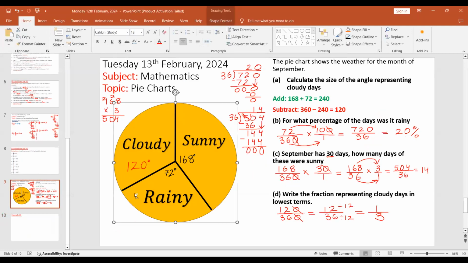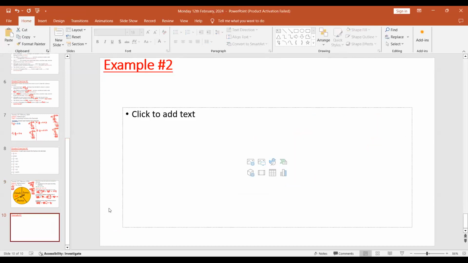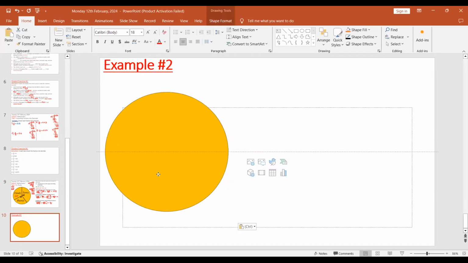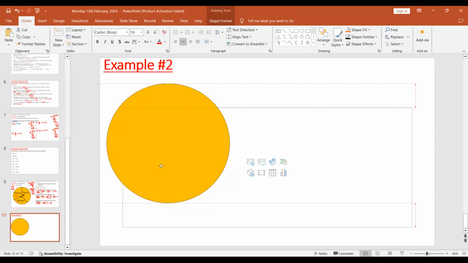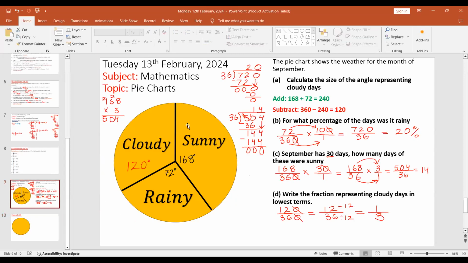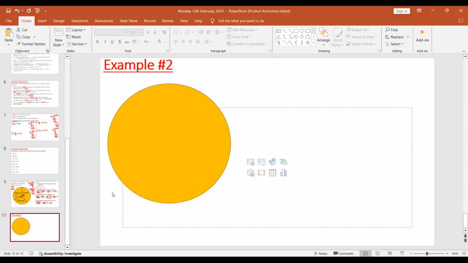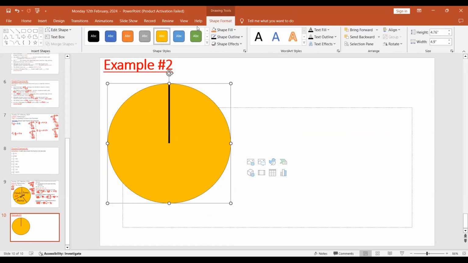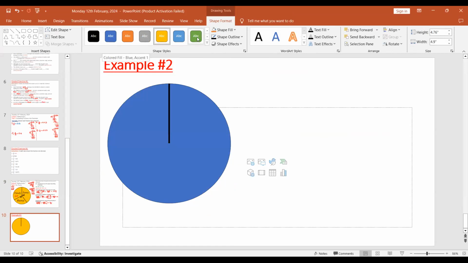So we're going to take our compass and draw our circular shape. So let's say that we have this. Again, let me change the color. Let's use green.